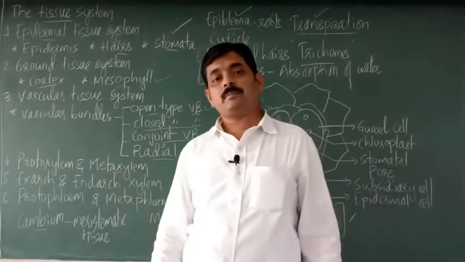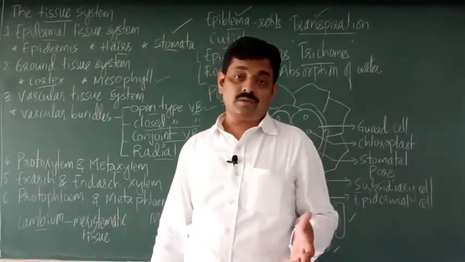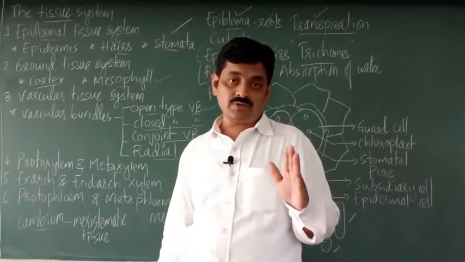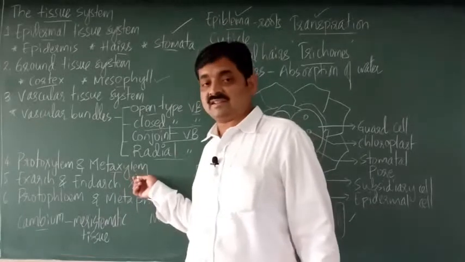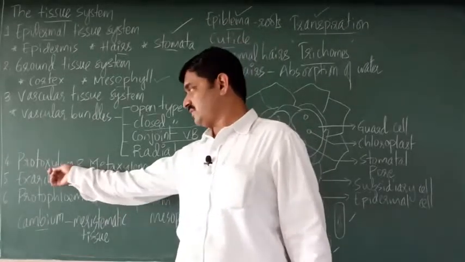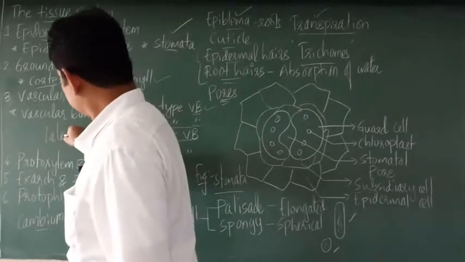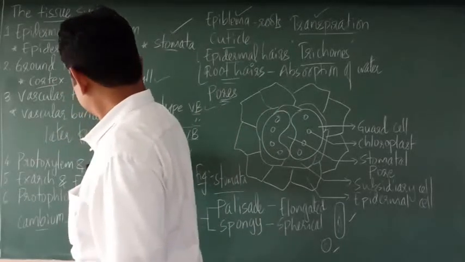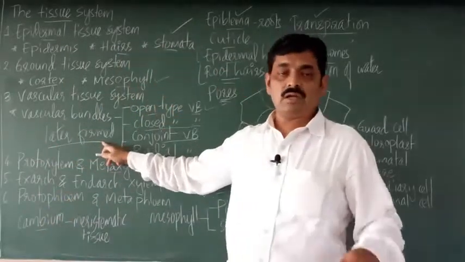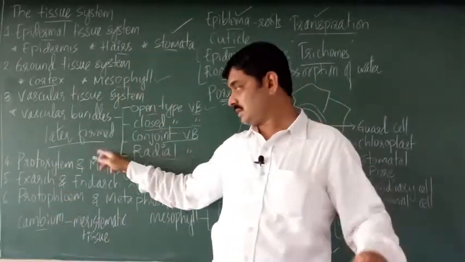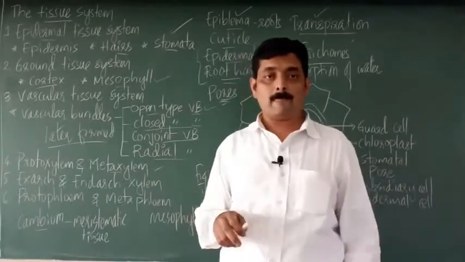Metaxylem is the later formed xylem, means the xylem formed after protoxylem. So this is first formed, this is later formed, means formed after protoxylem. Then we call it metaxylem, which is large.